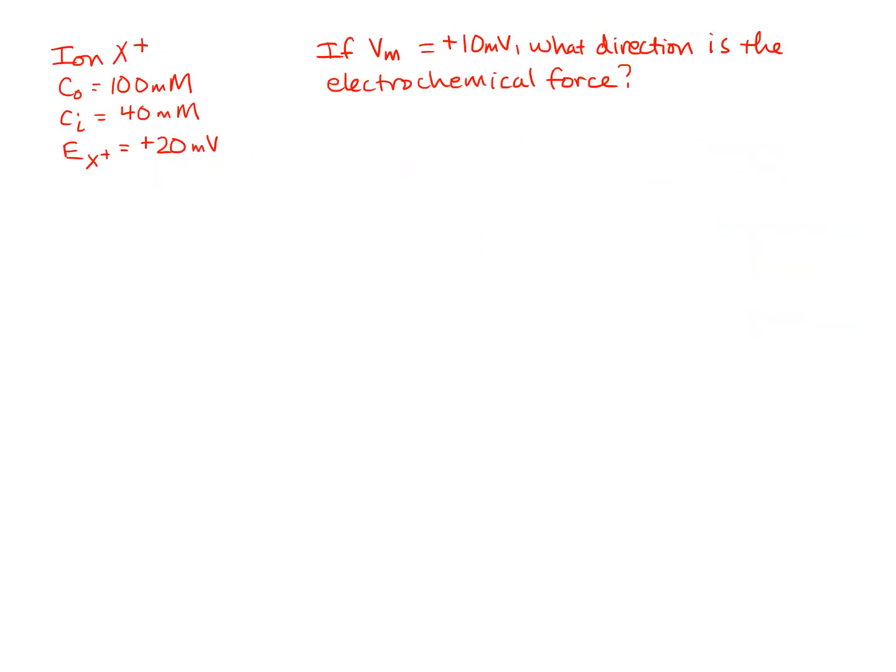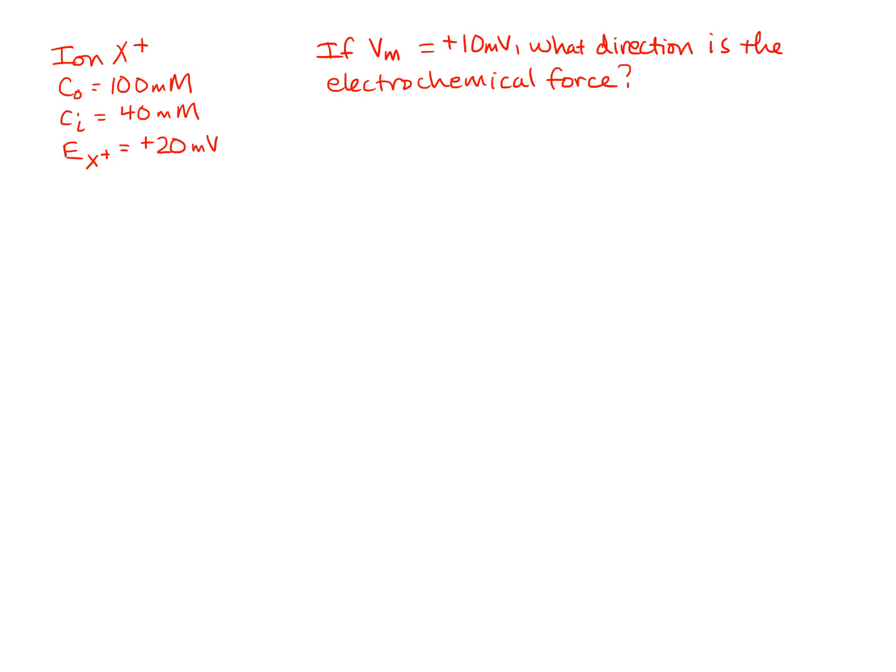Okay, so here we've got ion X plus, giving you the concentration outside and inside the cell, and I've given you the equilibrium potential. And we want to figure out if the membrane potential is at plus 10 millivolts, what direction is the electrochemical force?